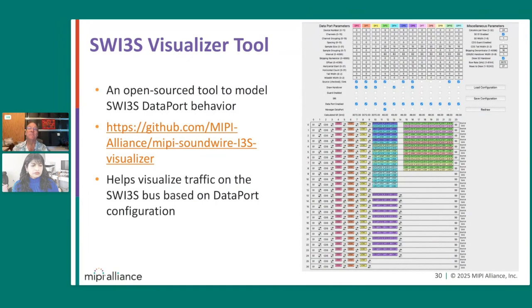The tool supports both source and sink ports at the same time to show how the bus is being used for fan-in or fan-out. Fan-in and fan-out are supported at multiple levels in the MIPI audio stacks. Here you can see on the very top right, data port number 3 in green is fan-out. It's data coming from one device.